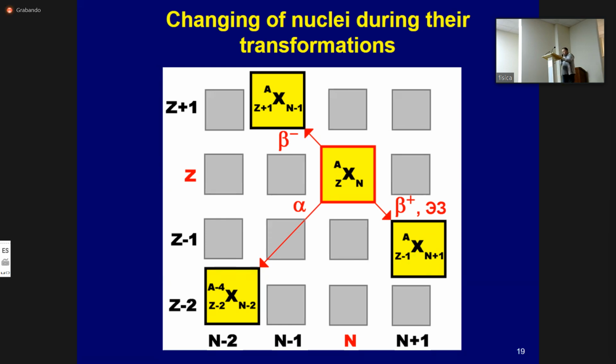For neutron deficient nuclides, the most probable transformation is beta plus decay or electron capture, when the converted nucleus moves one step down and one step to the right in the table.